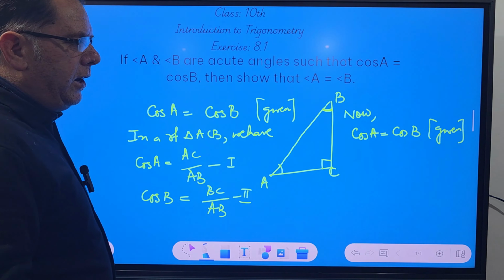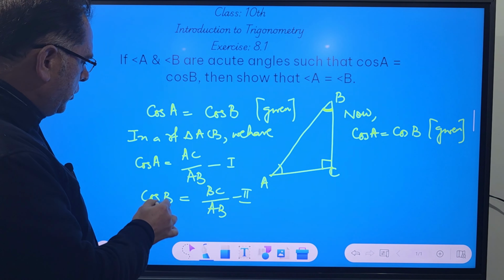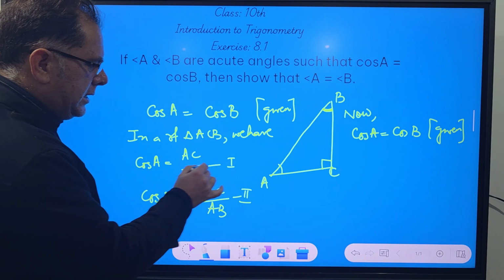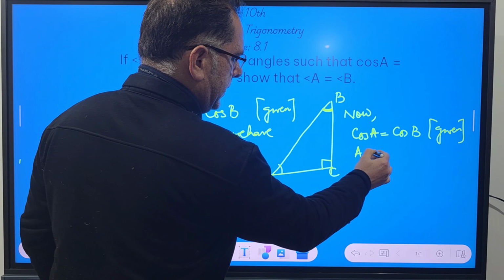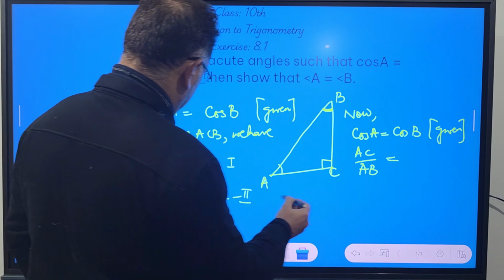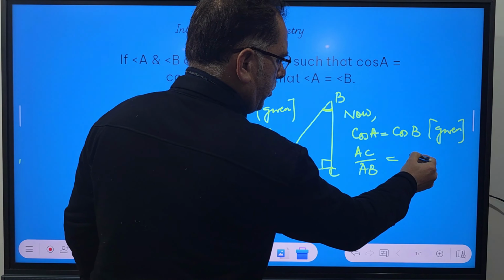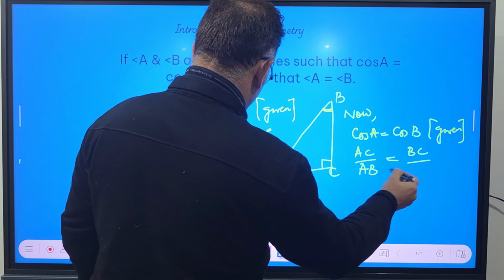Now we'll use the values of cos A and cos B in this equation. So cos A has the value AC divided by AB, and cos B is equal to BC divided by AB.